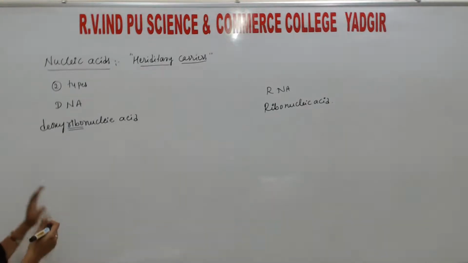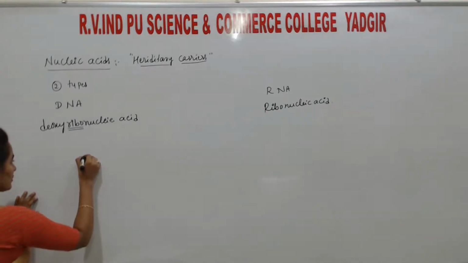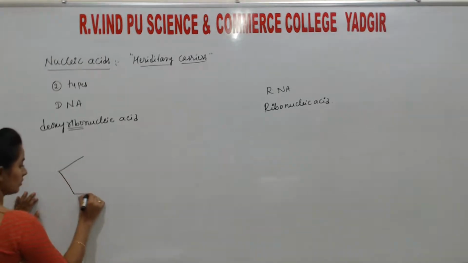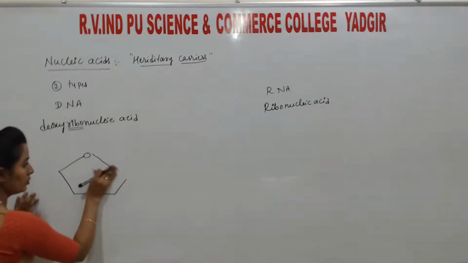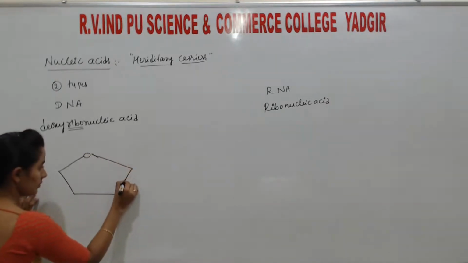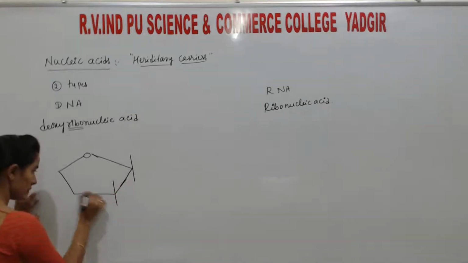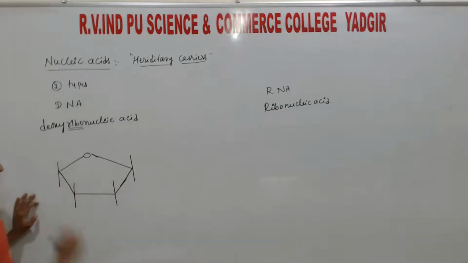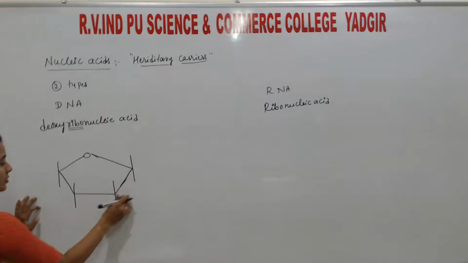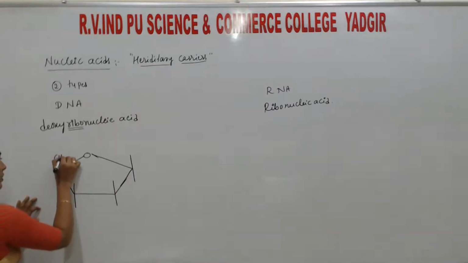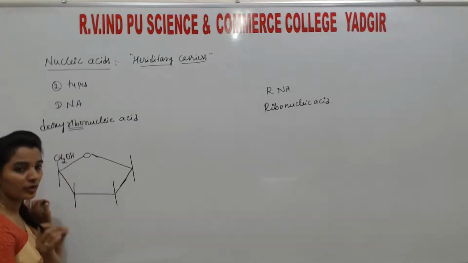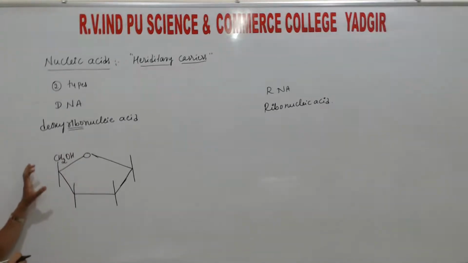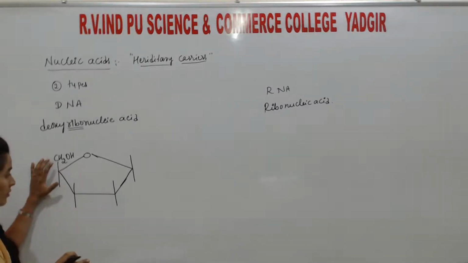Okay, listen here. I'll write the structure of DNA here. This is 1, 2, 3, 4 carbon atoms. Another one is here. Total 5 carbon atoms. If a 5 carbon atom sugar is there, that is called ribose sugar, a pentose sugar.